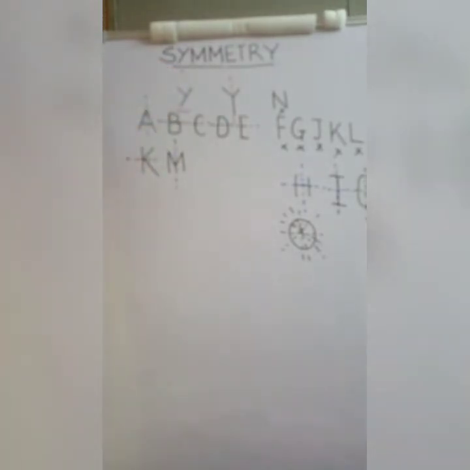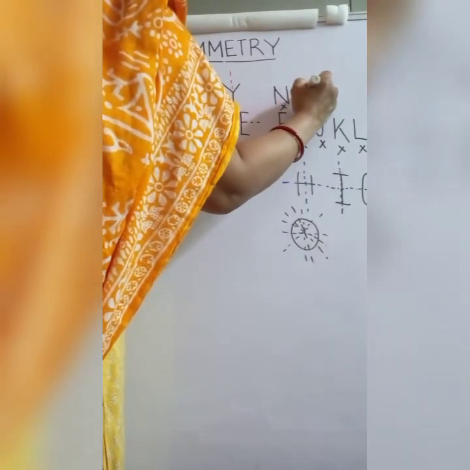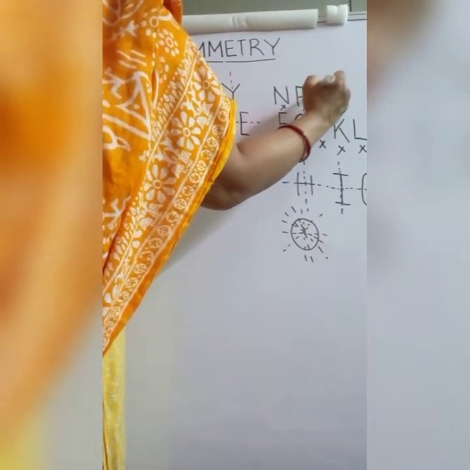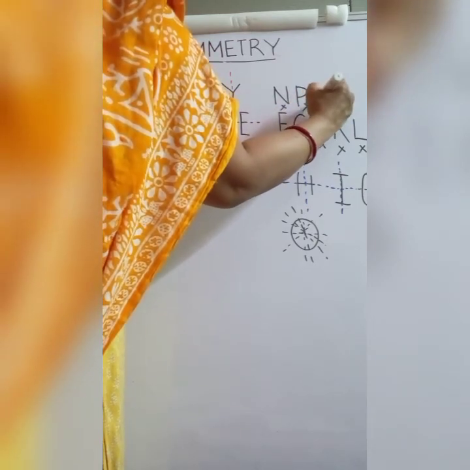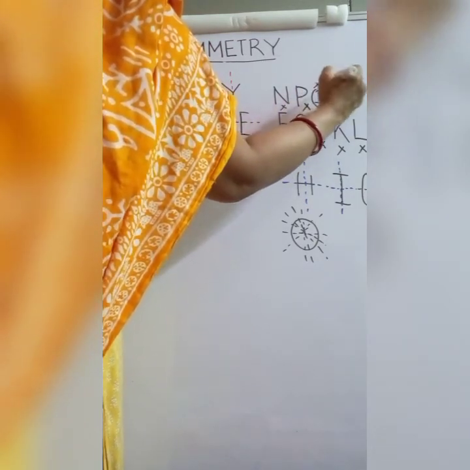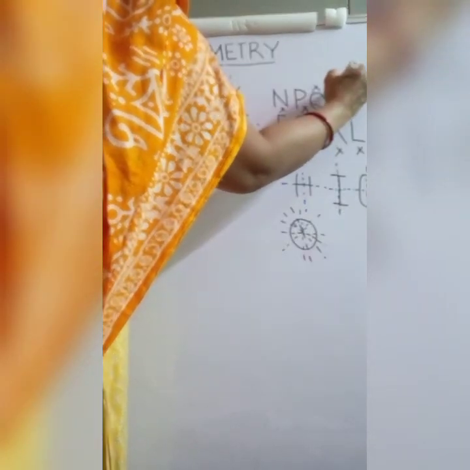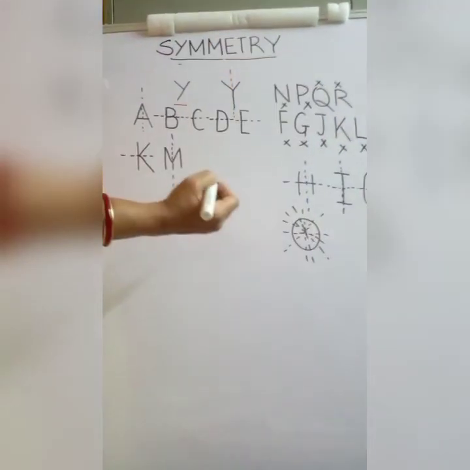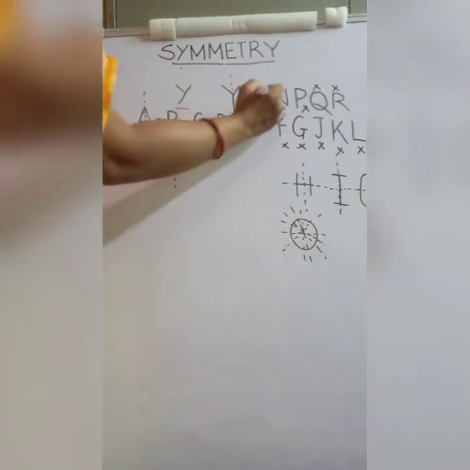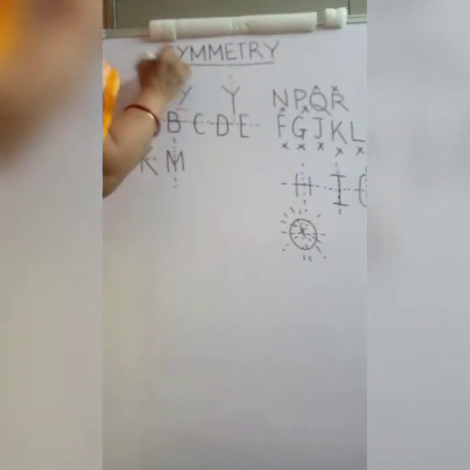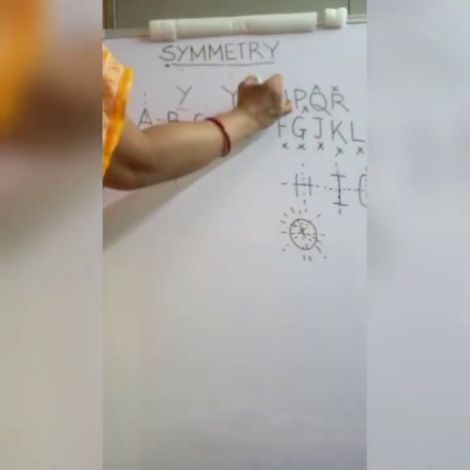Next is P. No line of symmetry. Q, no line of symmetry. R, no line of symmetry. Next comes S. No line of symmetry.